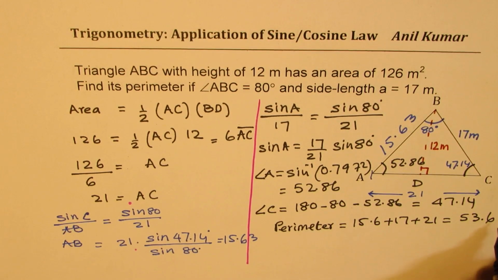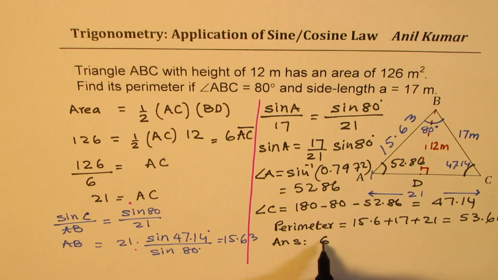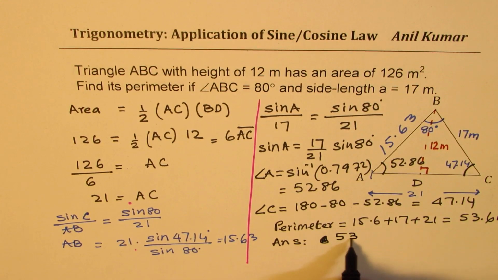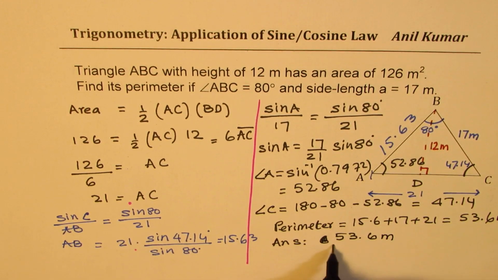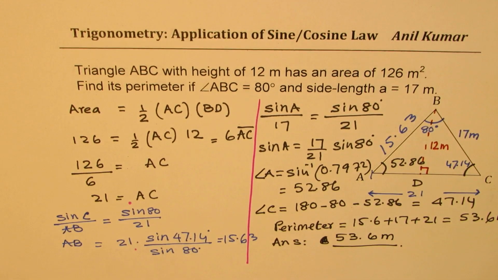The units are in meters. Okay? So our answer here in this case is 53.6 meters. Correct? So that is how, using sine law in this particular case, you could find the perimeter of the triangle. Perfect. So I hope the concept is absolutely clear.